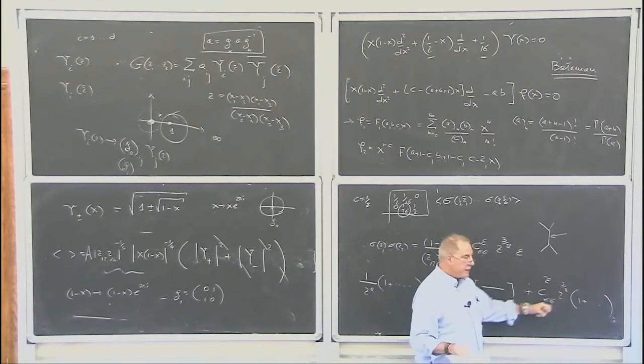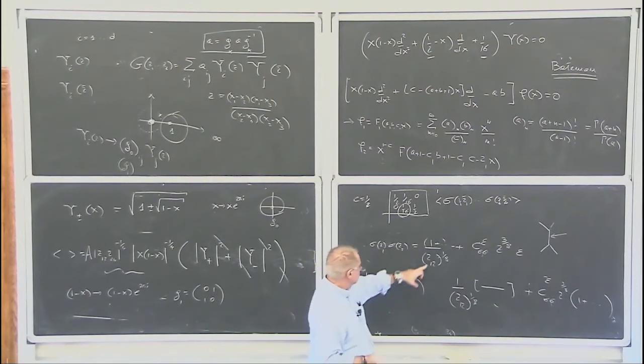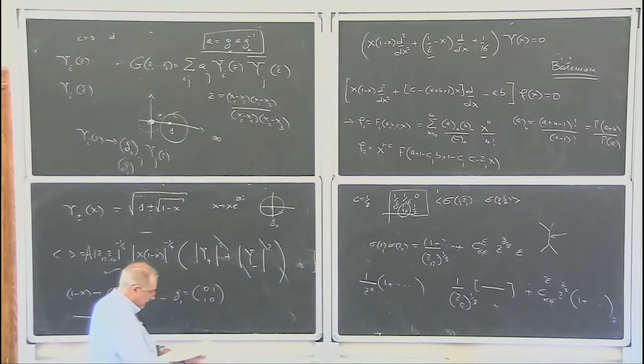So the way of fixing the overall constant is making this limit, seeing what is the term of my function which will behave like this, and normalizing it to 1. Okay? So if you do that, the story is very simple.